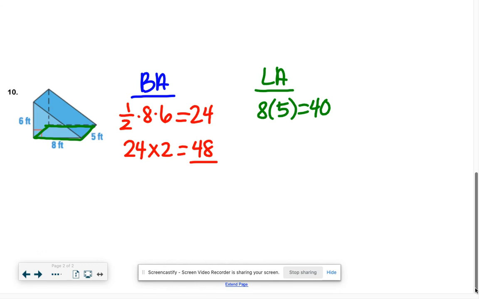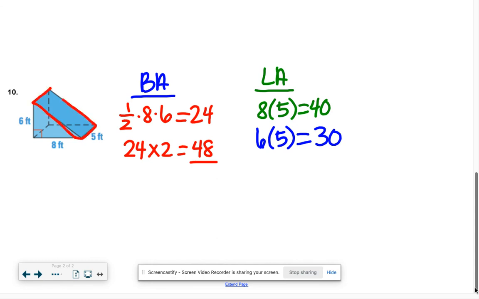So there's just one that's that size. Now we'll do this left wall. And we should get 6 by 5, which is 30. And now we'll do the slanted one here.